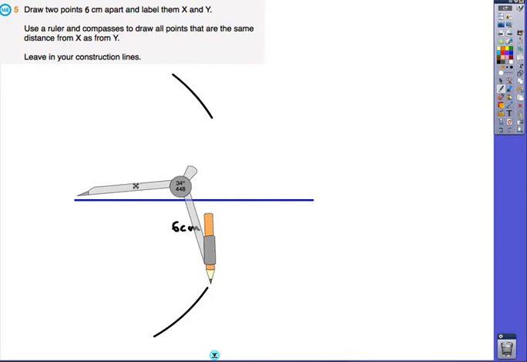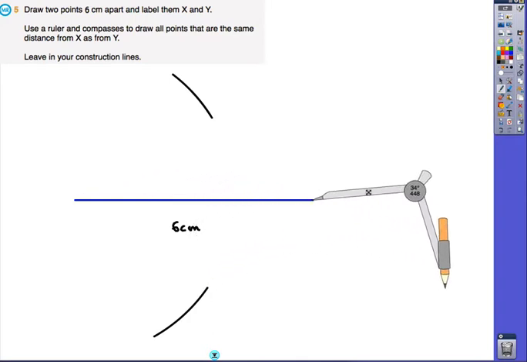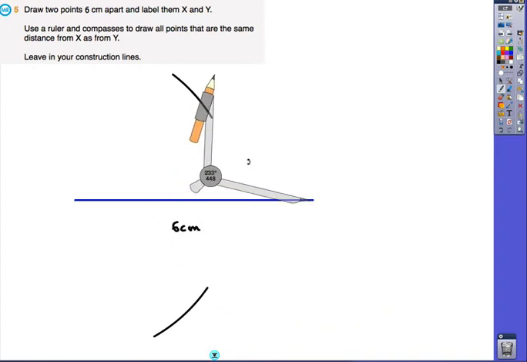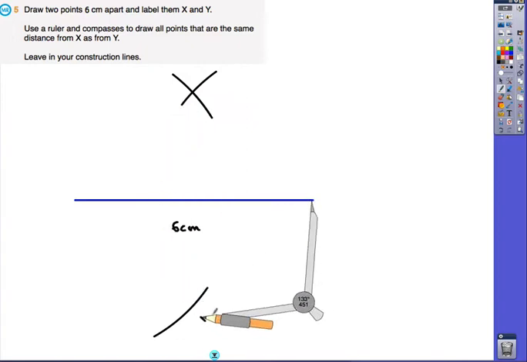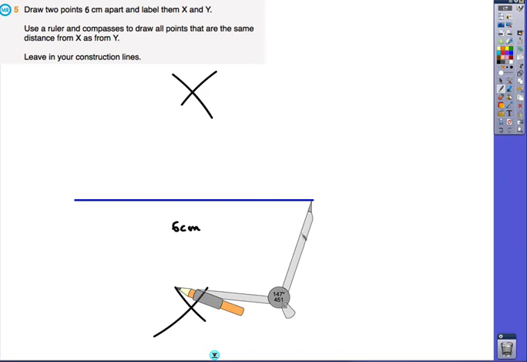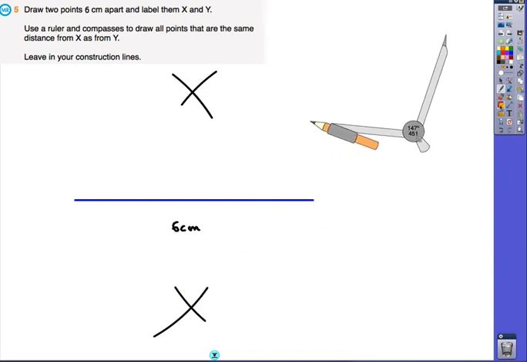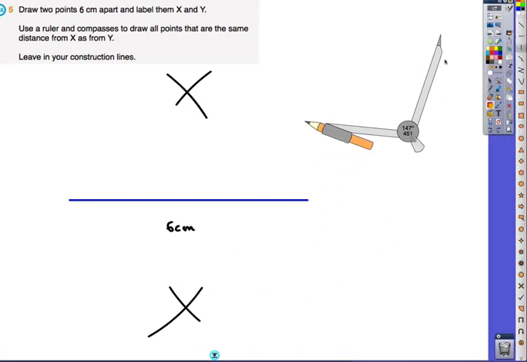And move the compass now. Don't touch the length, put it on the other end. And draw 1 arc above. And 1 arc below. Where they intersect or where they cross is where you're going to draw your straight line. Now, a lot of you did it from points to points.